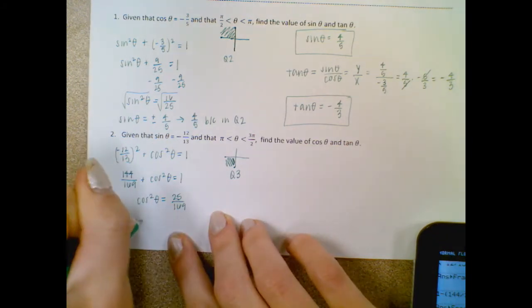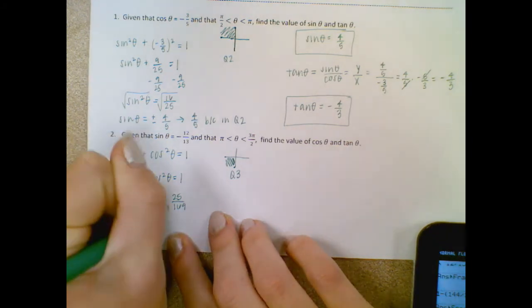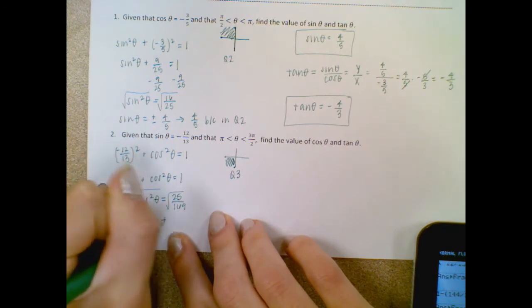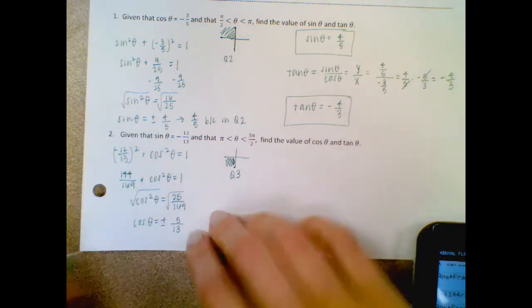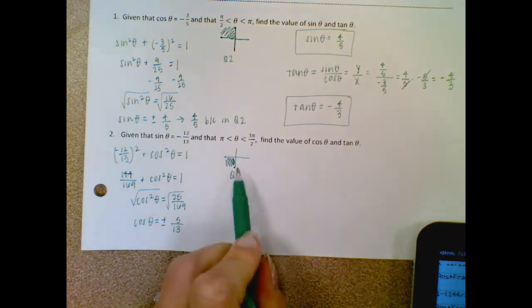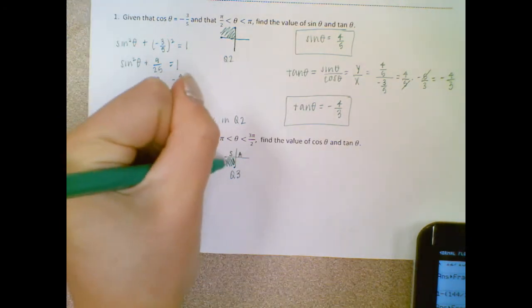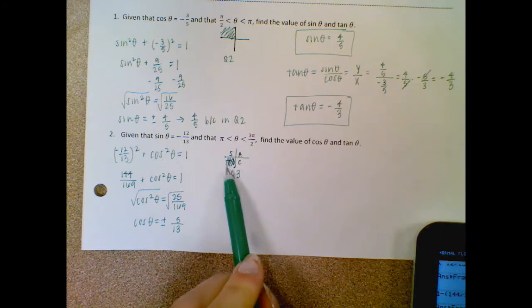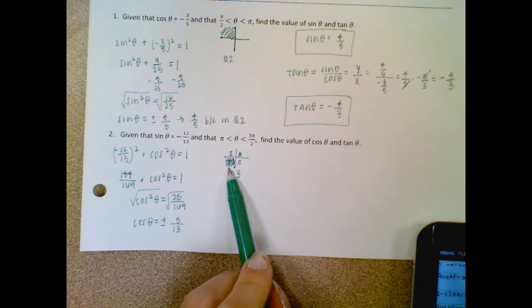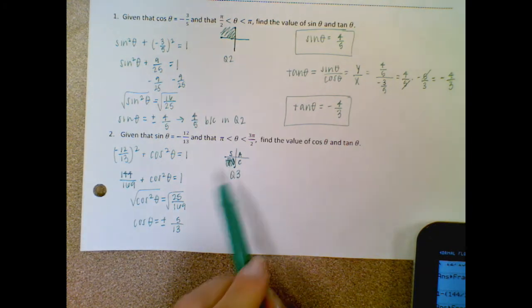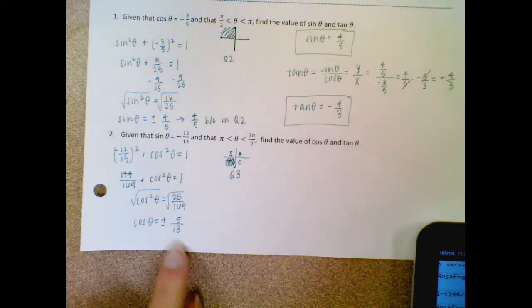And then I've got to take the square root. So cosine of theta is plus or minus 5 over 13. Now, because we're in quadrant 3, remember, all scholars take calculus. Only tangent is positive in quadrant 3. So I want the negative answer.